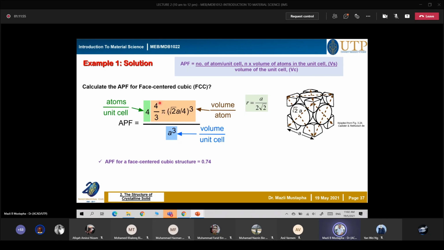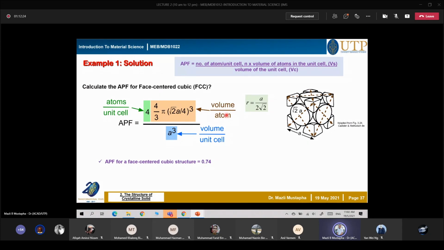And then the volume of atoms in the unit cell, this is the formula, except that we need to replace the R for the face-centered cubic with the A value of each system. So this time it is this value, and then divide by A cubed.